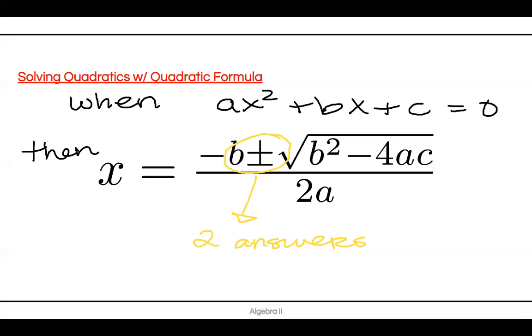And our discriminant is going to be this number here, b squared minus 4ac. So that is our discriminant.